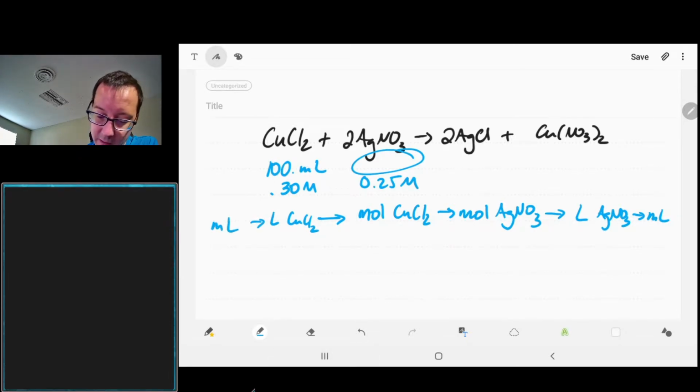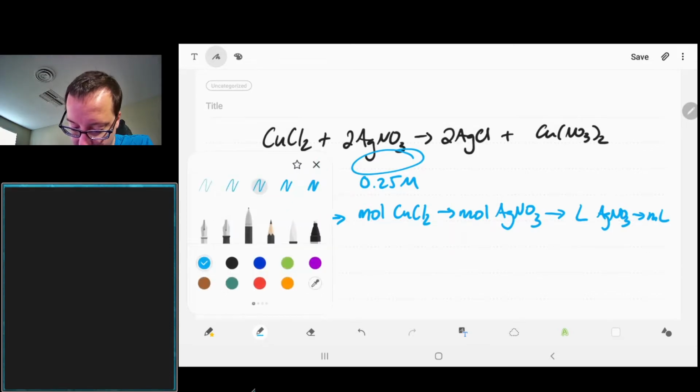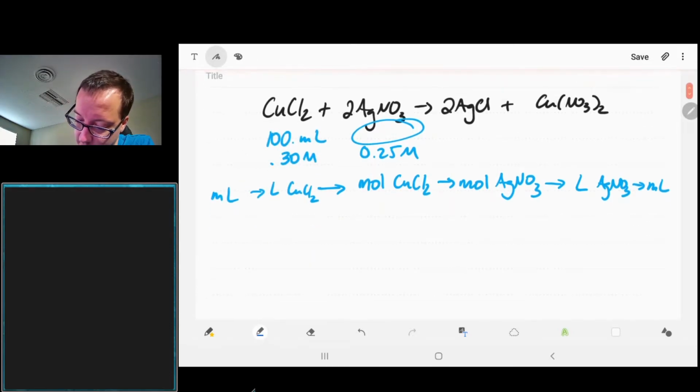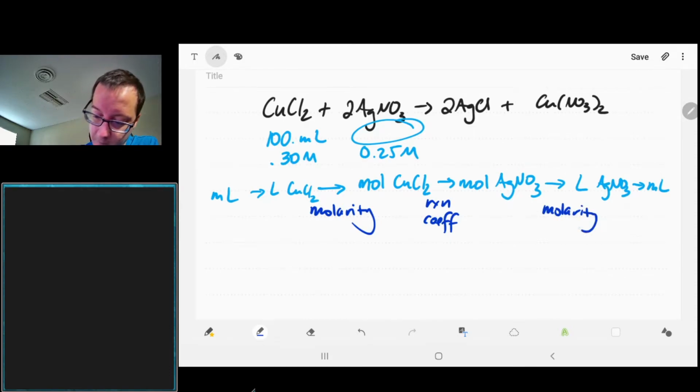And we can go from mL to there. Just so you know, for this one, let me not even do that. I think that might just be more confusing. So never mind. So of course, in the middle is our reaction coefficients as our conversion factor. Here we have the molarity. There we also have the molarity. And then we just have metric stuff for the last ones.